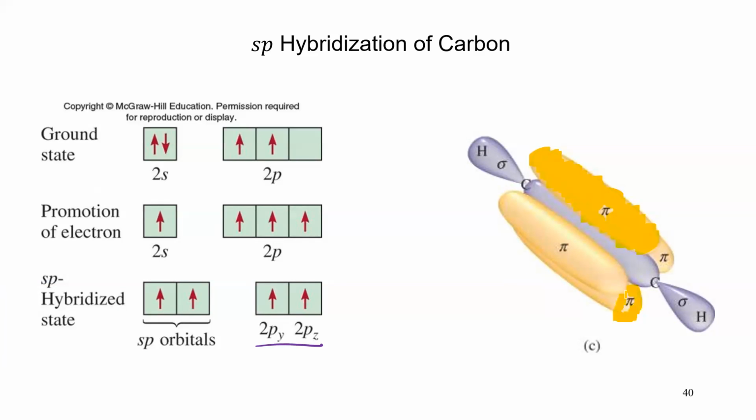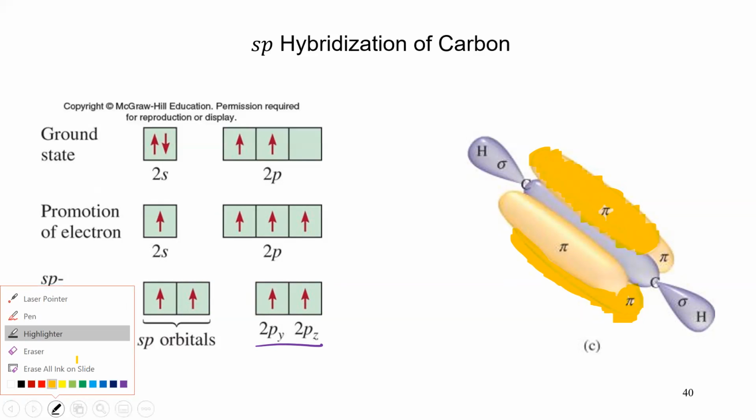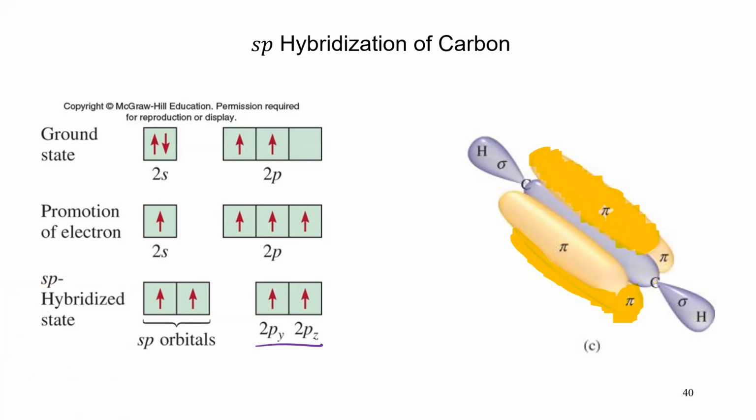Remember, p orbitals are opposite one another, and so the p orbital that's on top is actually paired up with this p that's on the bottom, right? So remember, the p orbitals are above and below the atom, and so if I were to draw in the p orbital, it would look like this.